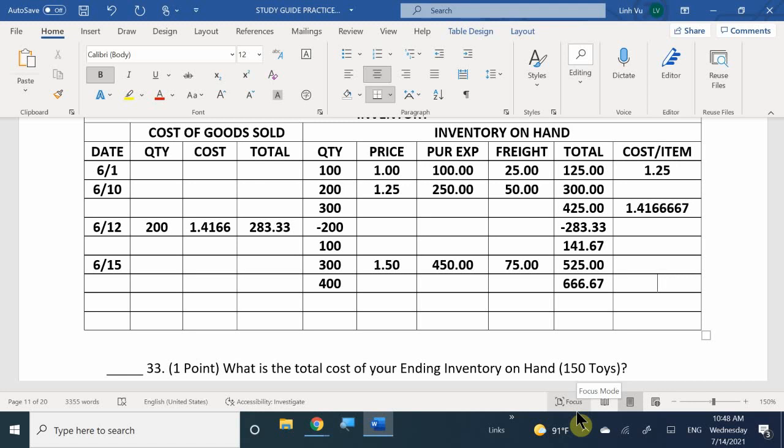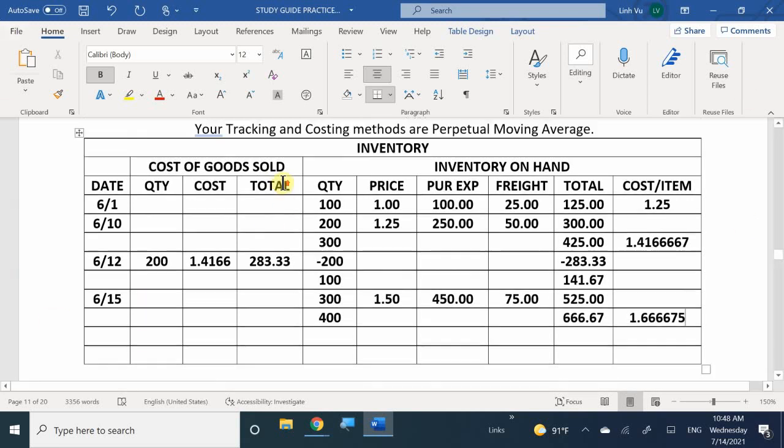I got 1.666675. There should be 4 sixes. 1, 2, 3. Yes. Okay.